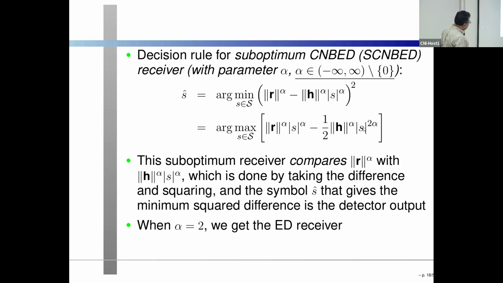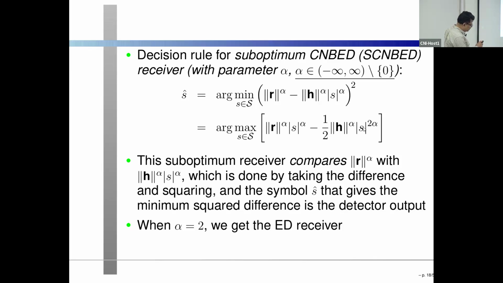Now, when alpha equals 2, we get the ED receiver, because we have seen it was just norm of r squared minus norm of h squared mod of s squared, whole square. So that's a special case. Though the ED receiver came from the channel magnitude based information, it could be equivalently put in this form.